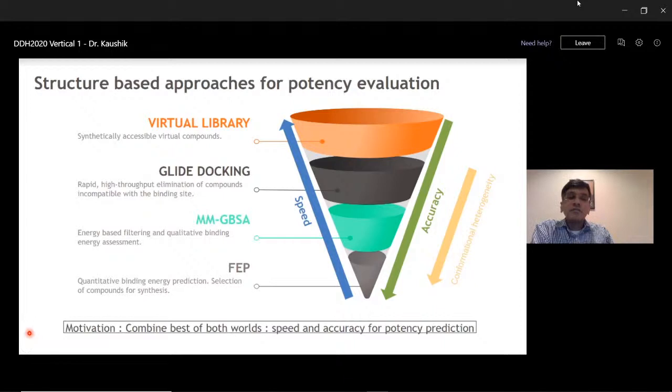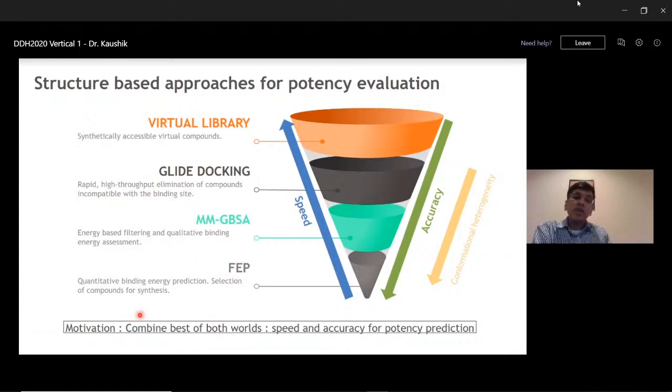So in terms of method development, oftentimes the motivation is to find a way in which you can combine the best of both worlds. And another observation is oftentimes as you increase the rigor, it usually is accompanied by an increase in the conformational heterogeneity that is sampled by a method in its calculation.